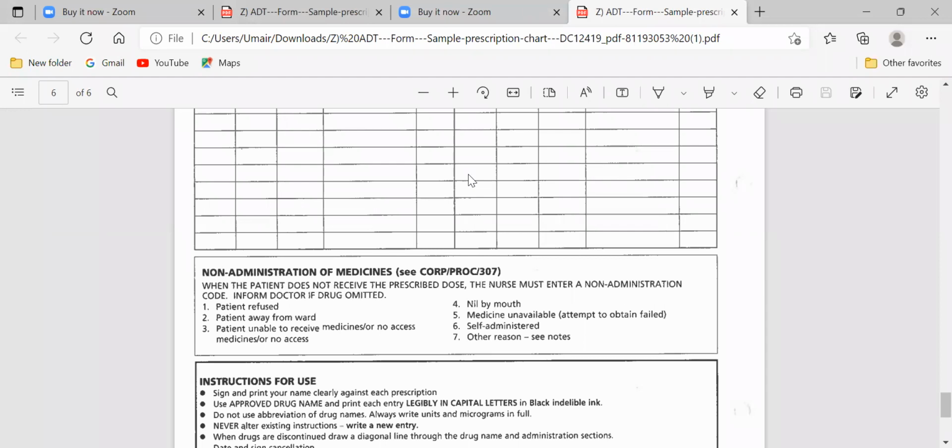He's 70 years old. Other information you have about the patient, he has been diagnosed with diabetic foot infection. The consultant has prescribed the following medication.